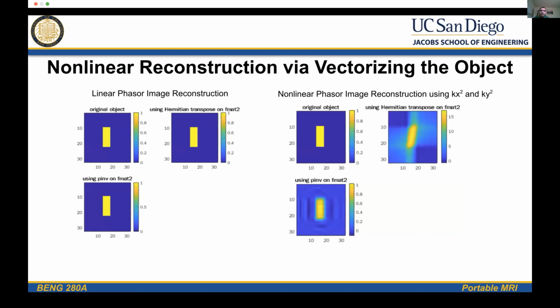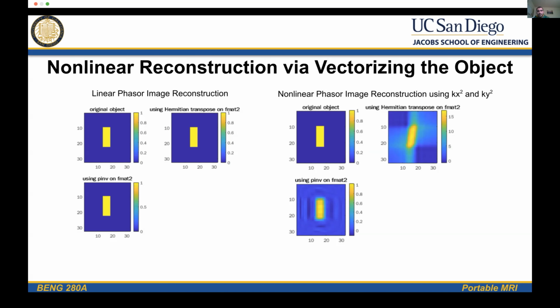Here's one solution that you can do. A solution that can be used is nonlinear reconstruction via vectorizing the object. This was something that was done in our homework 6, I think, where we perform image reconstruction, but not using MATLAB built-in features like IFFT2, but instead using a method of vectorizing the object and using the pseudo-inverse.